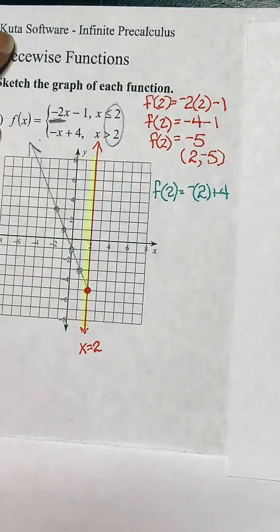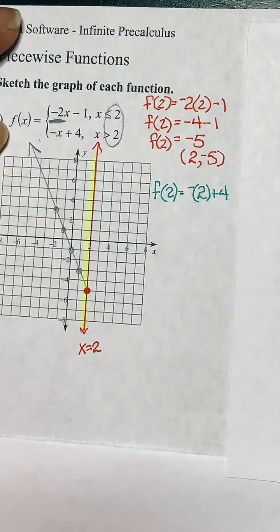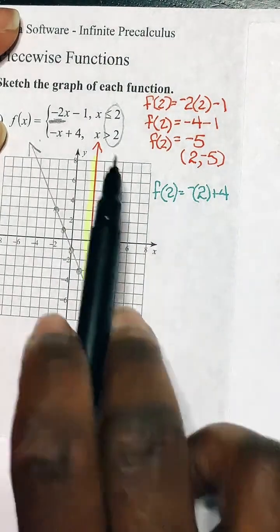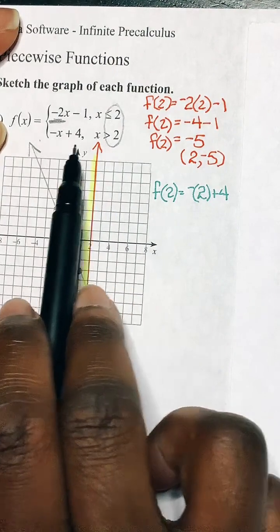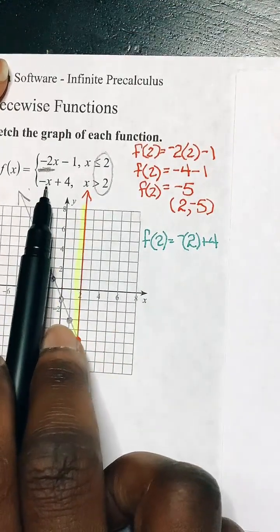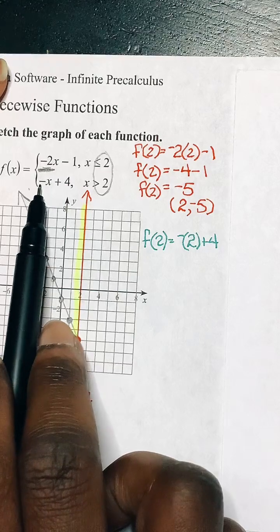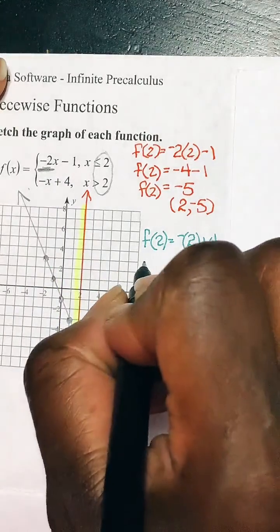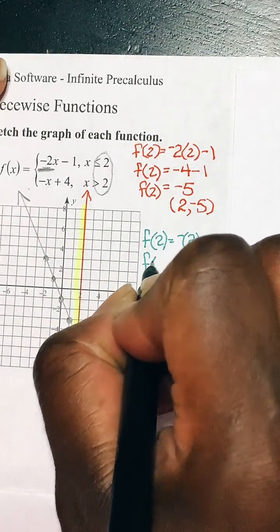Let me move that over so you can see it. All right. So now they give us our boundary, which was 2, and we're substituting that 2 into the expression. So it's a -2 plus 4. What would my answer be?